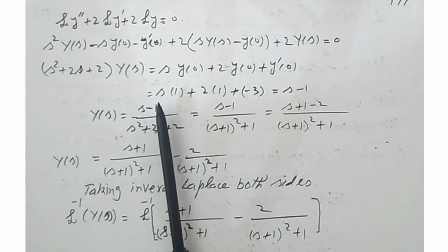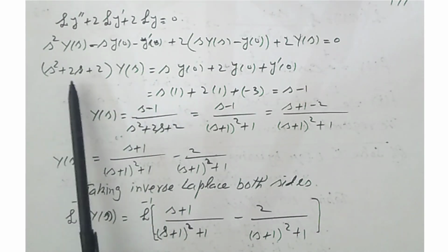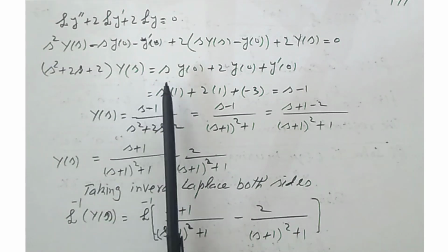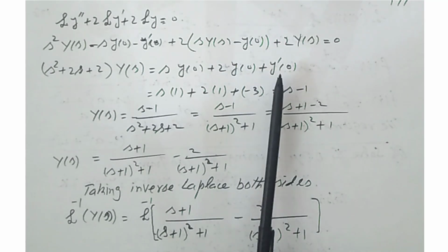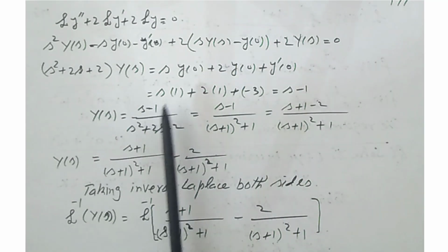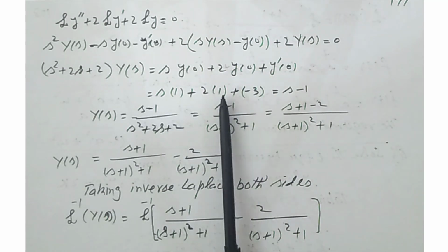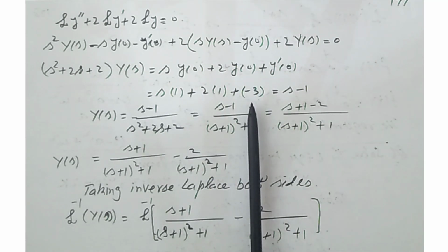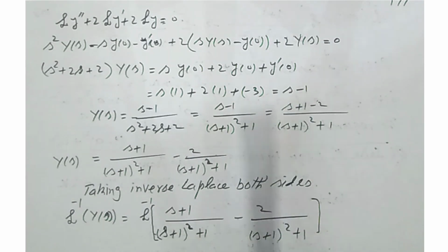Now you see, after simplification, this will become (s² + 2s + 2) Y(s) = s y(0) + 2y(0) + y'(0). So the value of y(0) is 1, so we put 1 here, and y'(0) equal to -3. So this becomes s - 1.